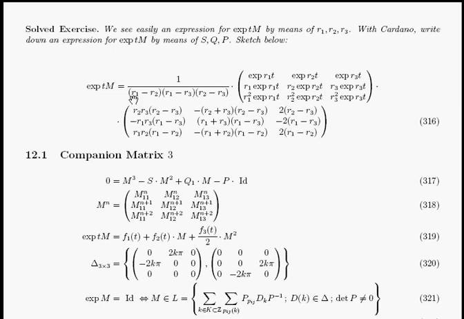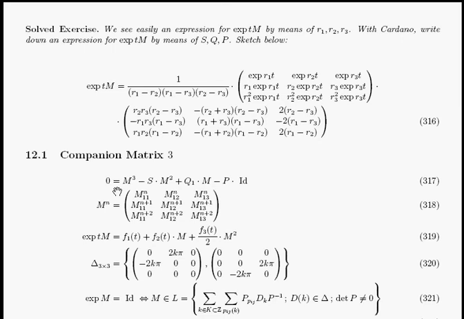R1 is the sum of square root of z1 plus square root of z2, and this z1 and z2 is a function of the cubic coefficients. Okay, let's see what happens with matrices.